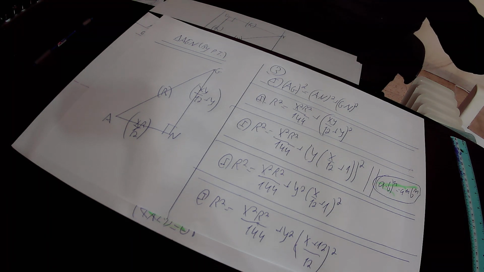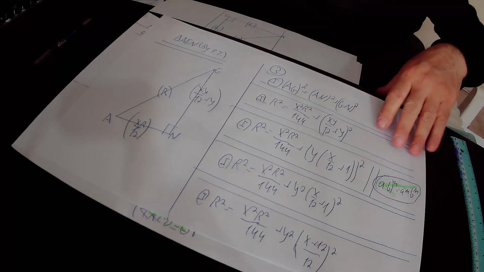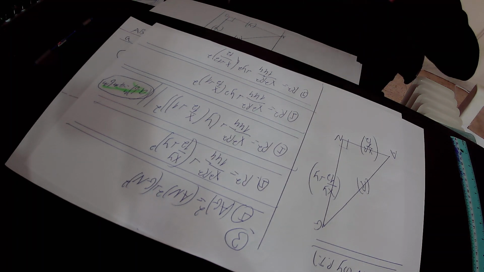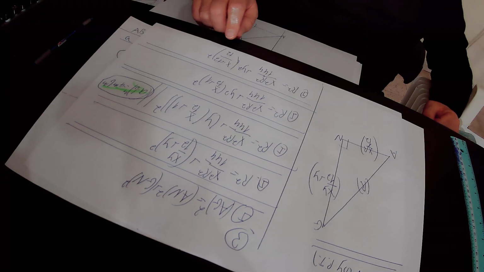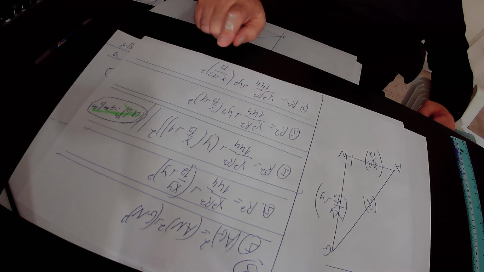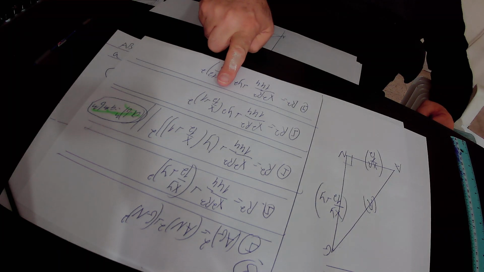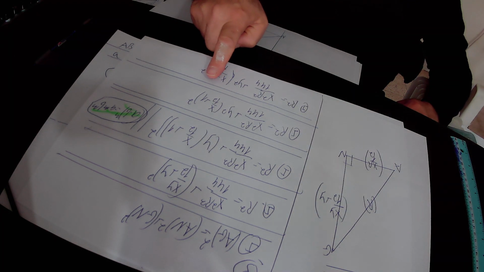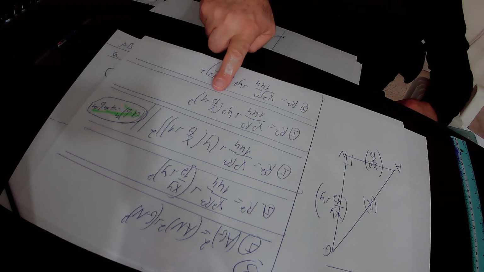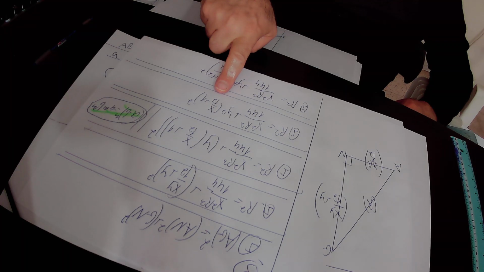And here we have this expression, (x over 12 plus 1) squared. Here we multiplied 1 by 12 and then divided by 12 in order to have a common factor with x over 12.